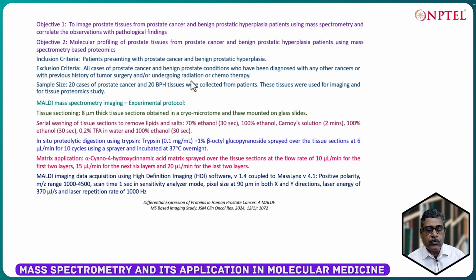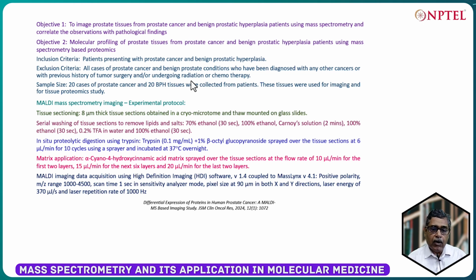As I mentioned, the moment we put the tissue into formalin, it leads to cross-links between different proteins present in the tissue, and then you will have problems visualizing proteins, because we will be visualizing protein by digesting in situ and then lifting the proteolytic peptides that are generated. If multiple proteins are connected by cross-links, it will not be easy to digest, nor easy to lift the proteolytic peptides from the tissue into the gas phase to study under the MALDI mass spectrometry platform.